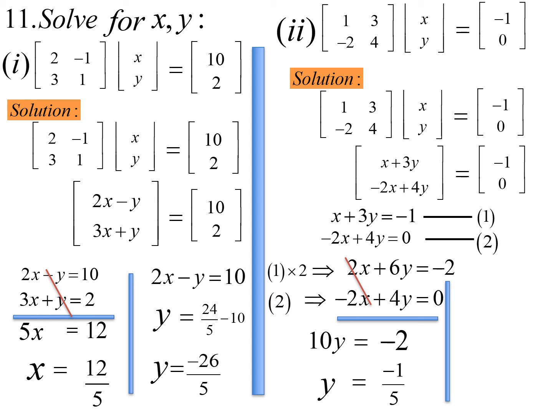Take any one equation, we'll take the first equation: x equal to minus 1 minus 3y. Substitute the y value in this. By taking LCM, we get x as minus 2 by 5.